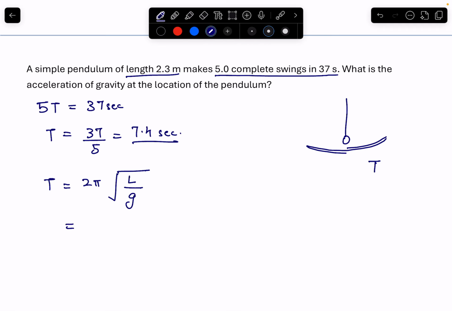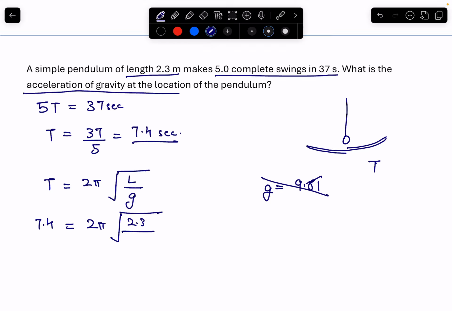So just substituting all these values, 2 pi, L is 2.3. Now we are asked to find the acceleration due to gravity, so we cannot say g is equal to 9.81.